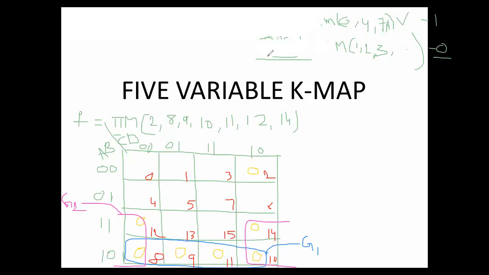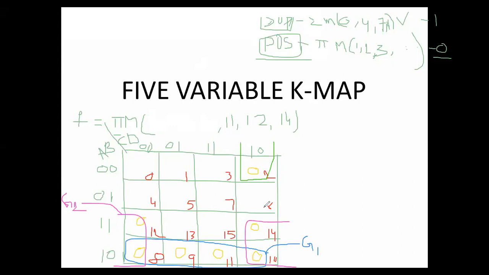Next, which is remaining here? This 2, the zero at cell number 2. Is there any quad possibility for this 0? No. So is there any pair possibility? Yes.